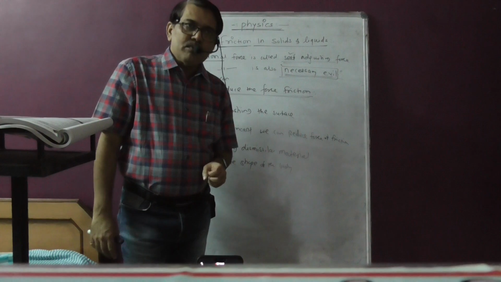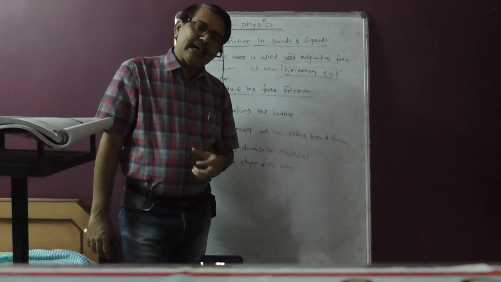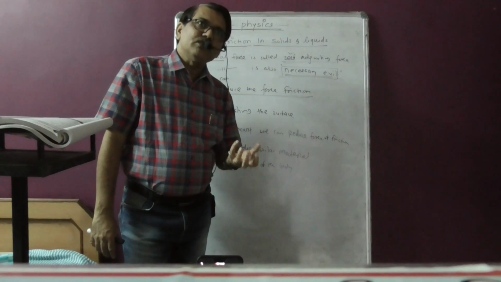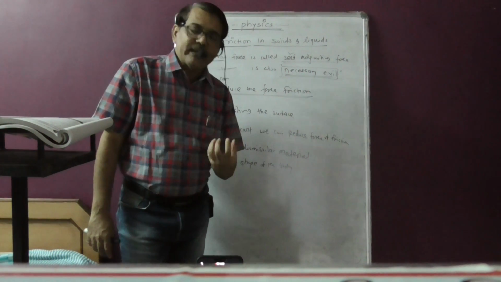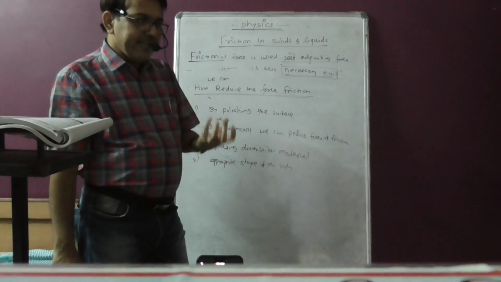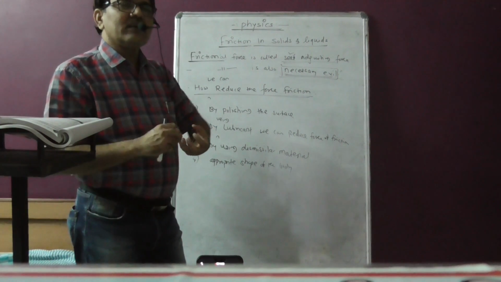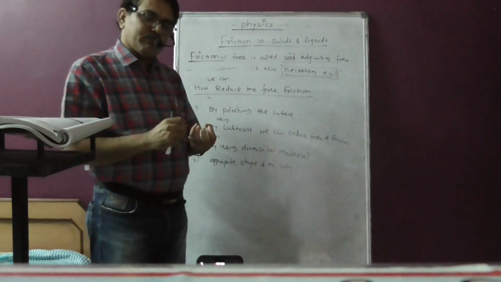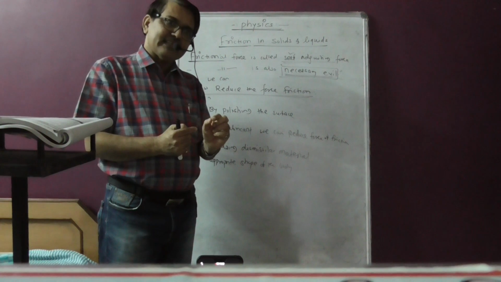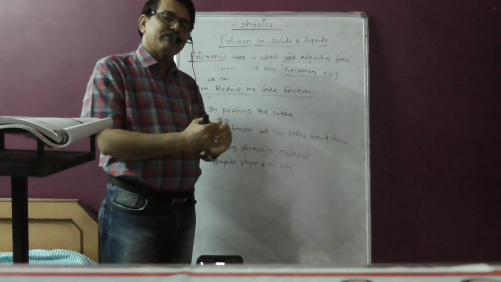Suppose the machineries are made up of iron, then you can use ball bearings made up of steel. So steel material can be used for the bearing. For your chain, there are small spherical metal balls, the steel balls, but the chain is made up of iron.